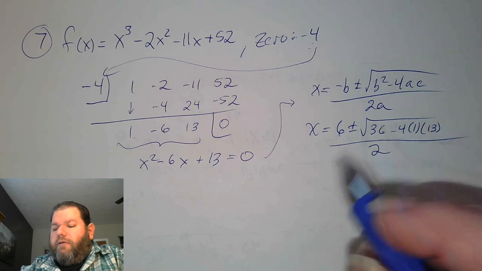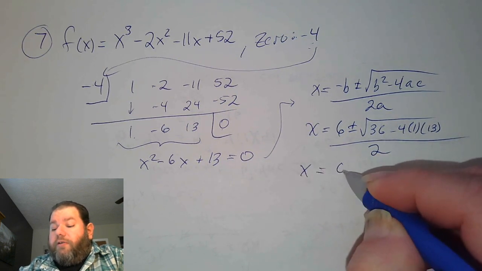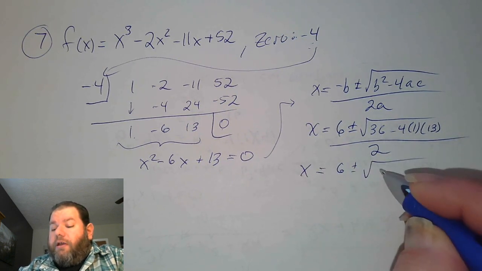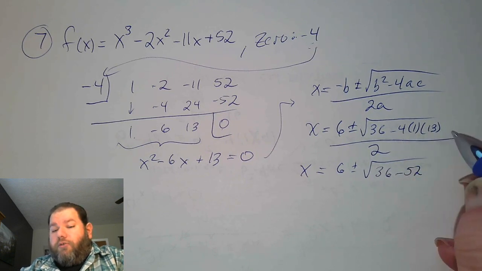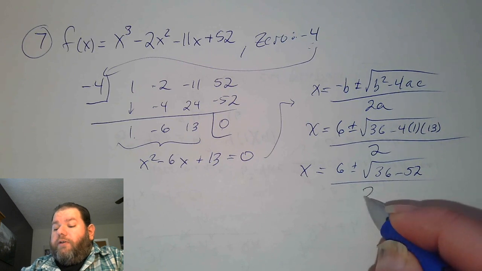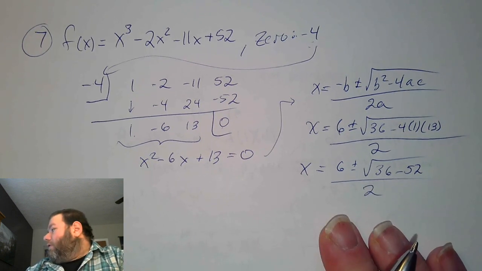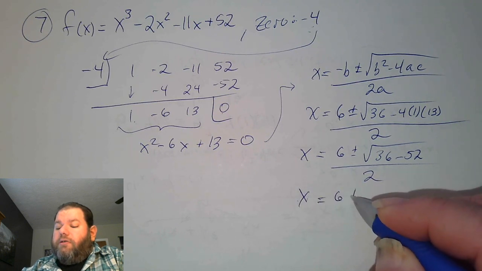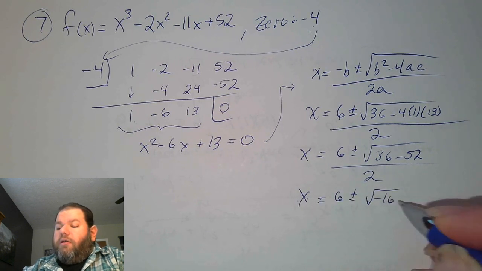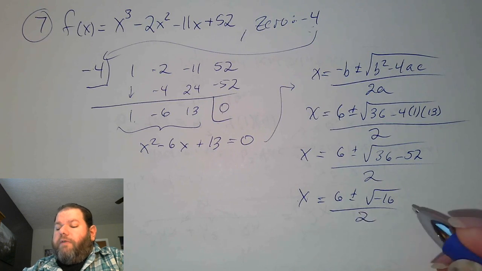Okay, so continuing here, under the radical, that would be 36 minus, this would be 52 once we multiply those together. 36 minus 52, that is a negative 16. And what is the square root of negative 16?